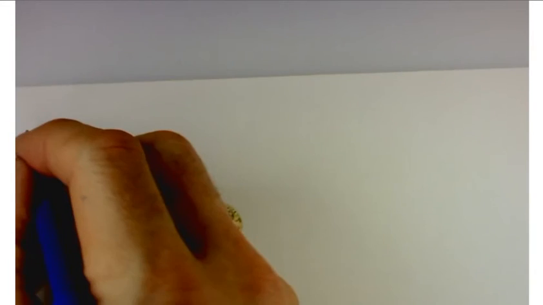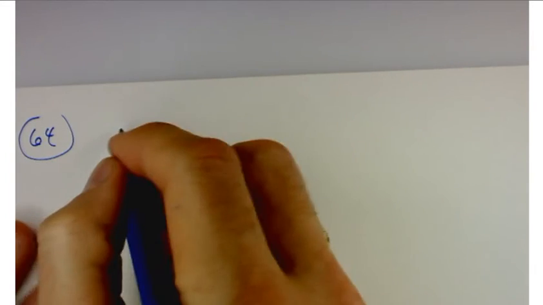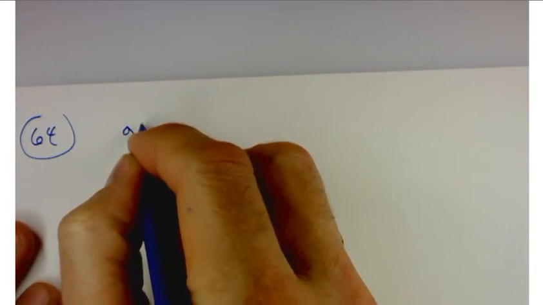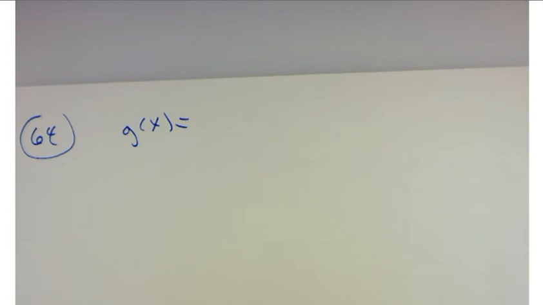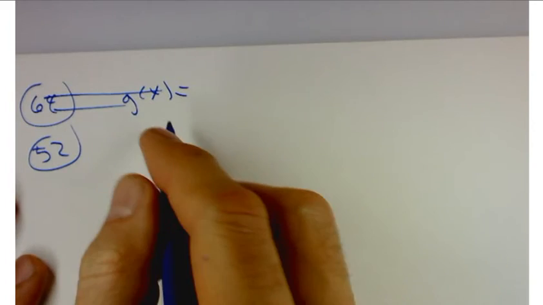The last one, like I said, problem number 64. G of x is, you know what? Instead of doing 64, let's do 52. Sorry about that. 52.